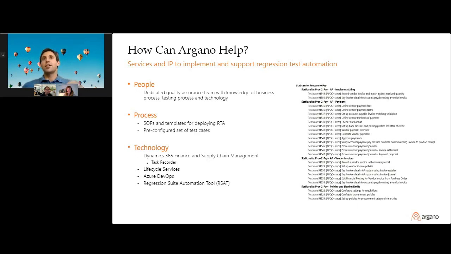Test cases, we're talking Dynamics 365 Finance and Supply Chain, that are generated from task reports, that are built into test cases in Azure DevOps, that cover standard functionality, that are effectively what you might consider to be accelerators, that are places for your organization to start the regression test automation exercise.